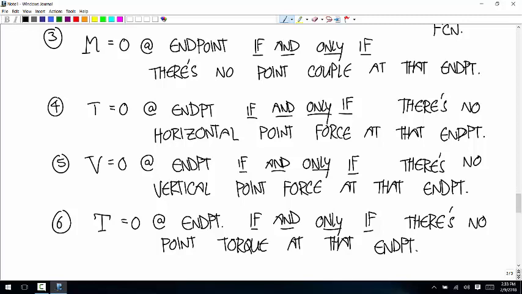So that's a lot of stuff to go through, 6 of these checks. I'm usually, I suppose, too lazy to go through all 6, but I definitely always check the first 2. Check those 2 derivatives and make sure that it makes sense when you take the derivative of the bending moment function, that you get the shear force function, and that when you take the derivative of the shear force function, you get the distributed load function. I'm going to go through these all here.